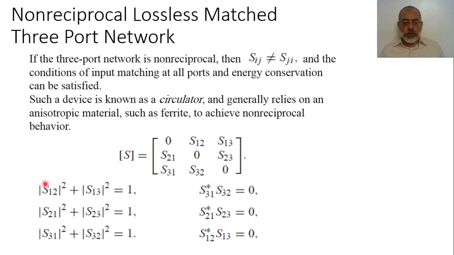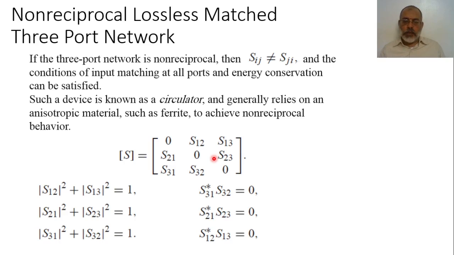In addition to this condition, the other condition is that the conjugate of any column multiplied by another column should equal 0, or the conjugate of any row multiplied by another row should be 0.